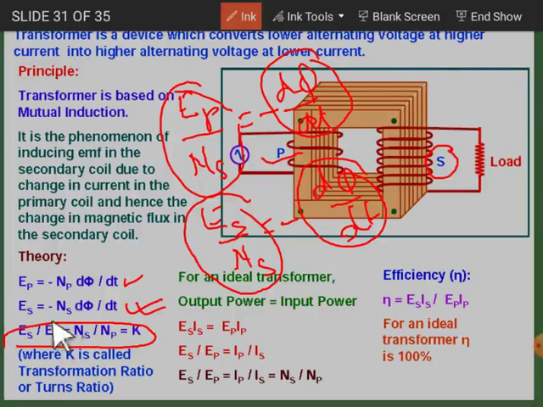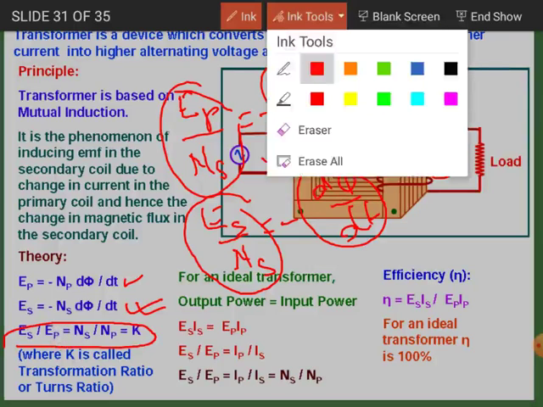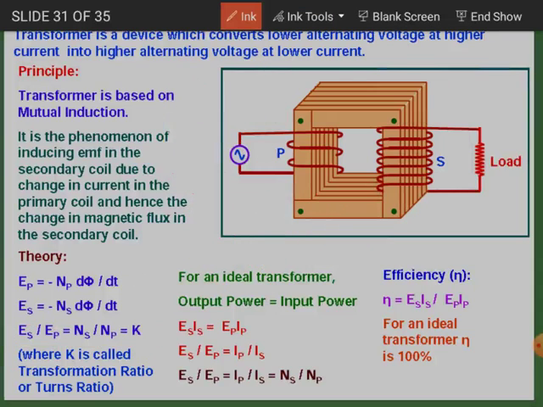What is meant by step up transformer and step down transformer, I will tell you. A step up transformer is the type of transformer in which a low input voltage is converted to a high output voltage. For example, for the working of X-ray machines, we cannot use the 230 or 220 volt from the incoming source.